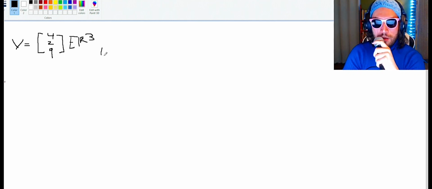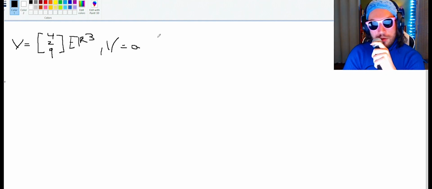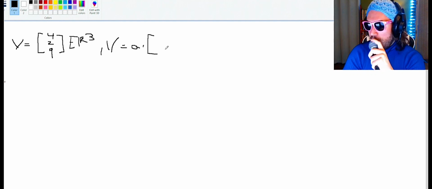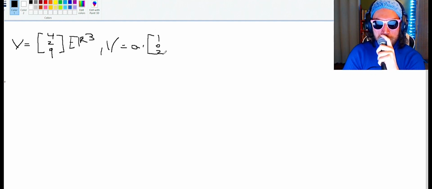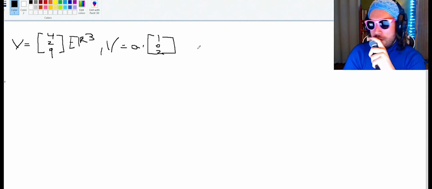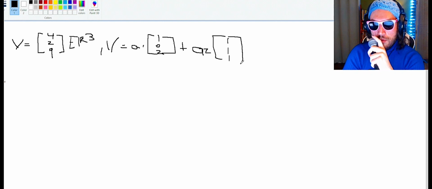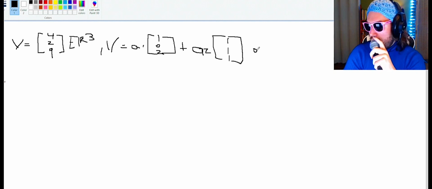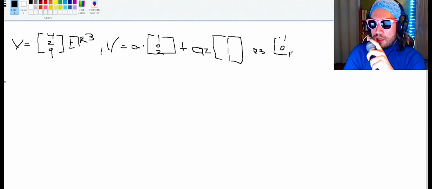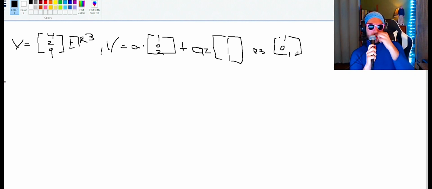In R3, V equals a1 times the column 1, 0, 2, plus a2 times the column 1, 1, and a3. So I want you to think about what is something that you've noticed about all of these equations.